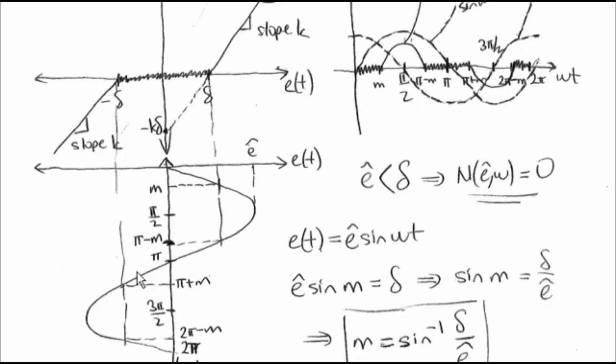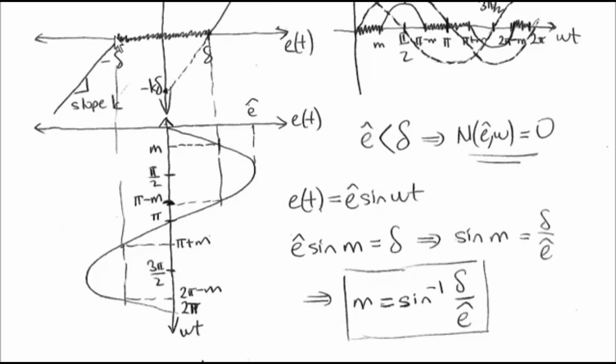Similarly, the angle at which the sine leaves the dead zone on the left-hand side would be pi plus m, and the next time it enters the dead zone will be 2 pi minus m.